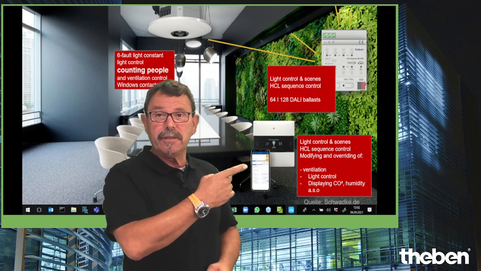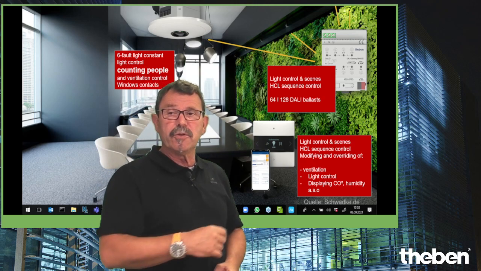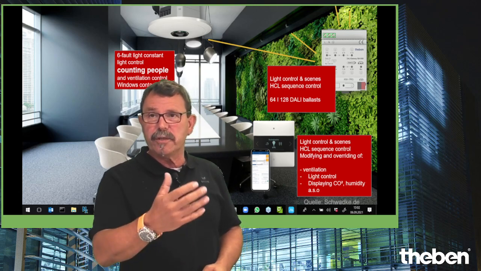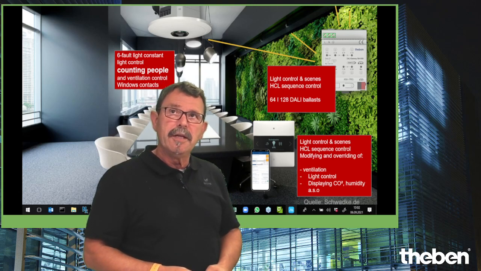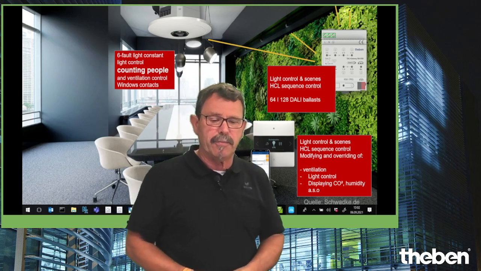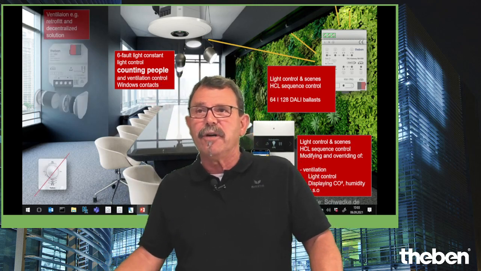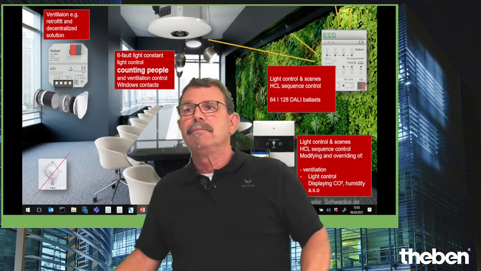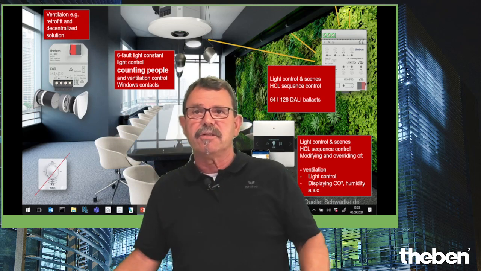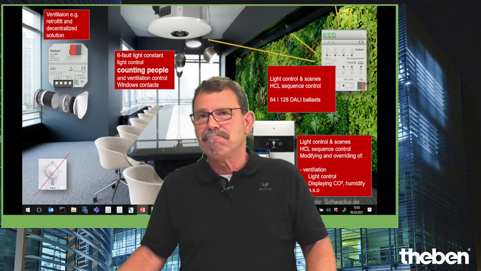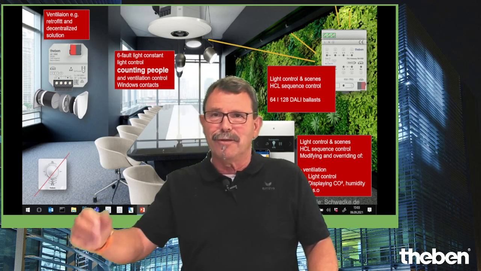So our Eon displays, for instance, values, how is the air quality, how is the humidity inside of the room, can manage it, and with the app you can control this accordingly. And then finally you control the ventilation, either in this case decentralized or centralized. It's up to you, depends on the building you have to set up.